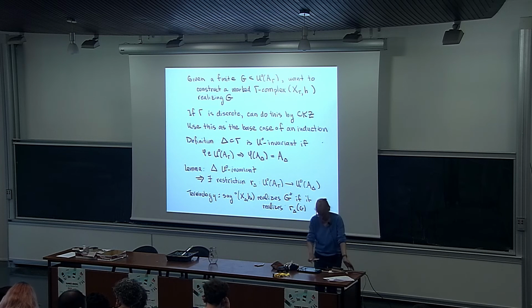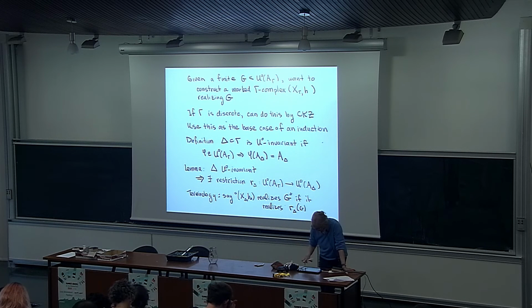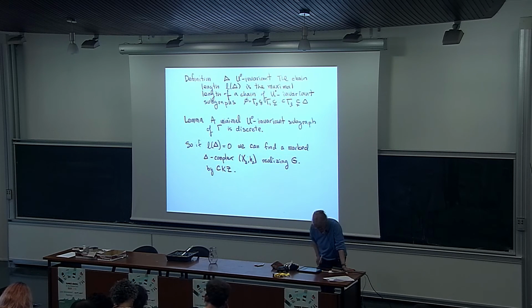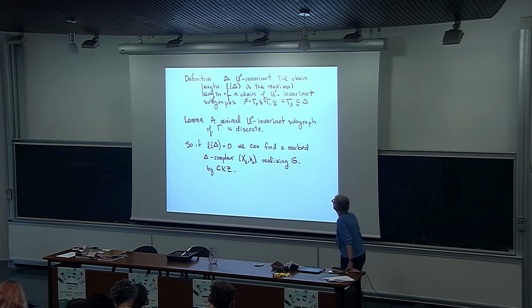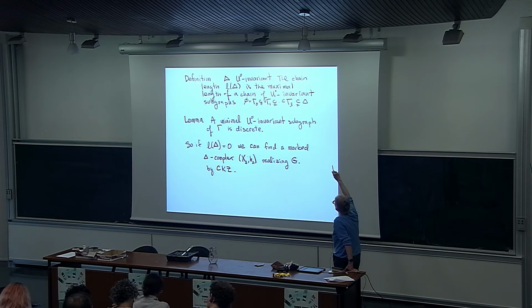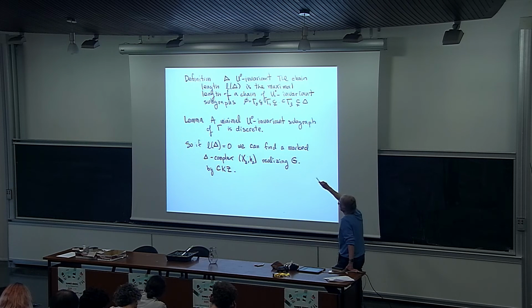Okay, so what are we going to induct on? We're going to induct on the chain length. We're going to look at chains of U0 invariant subgraphs, and there's a lemma that if you've got a minimal one, it's always discrete.